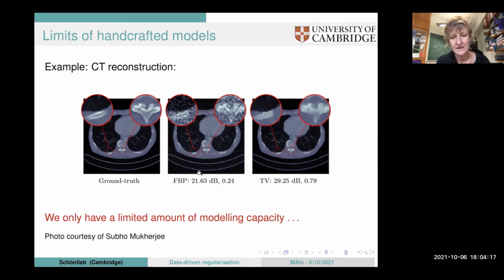And this is really where I think something that is data-driven makes sense, because it helps us to go beyond what we can formalize.